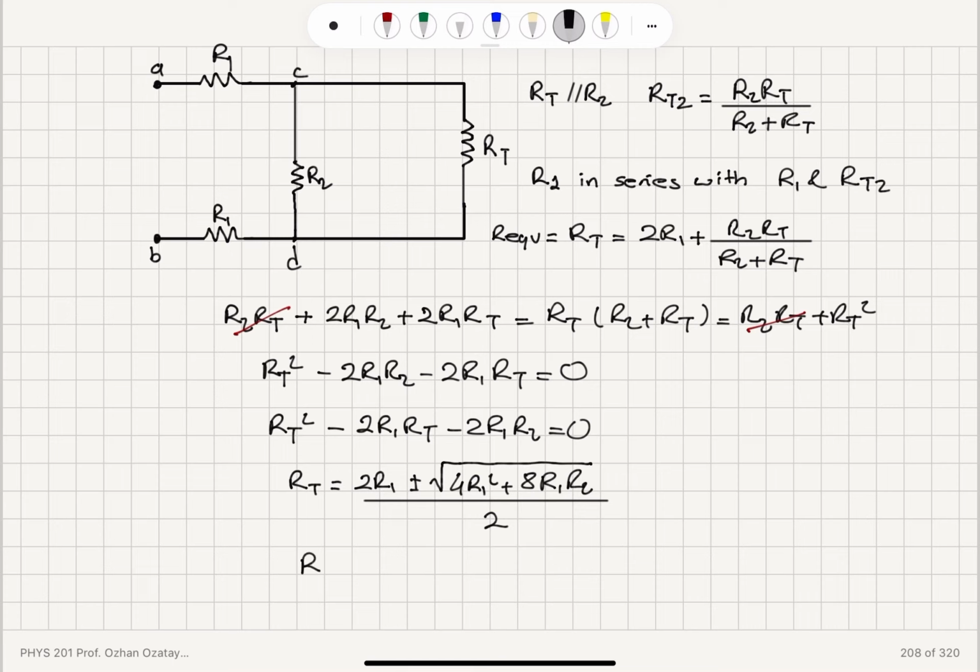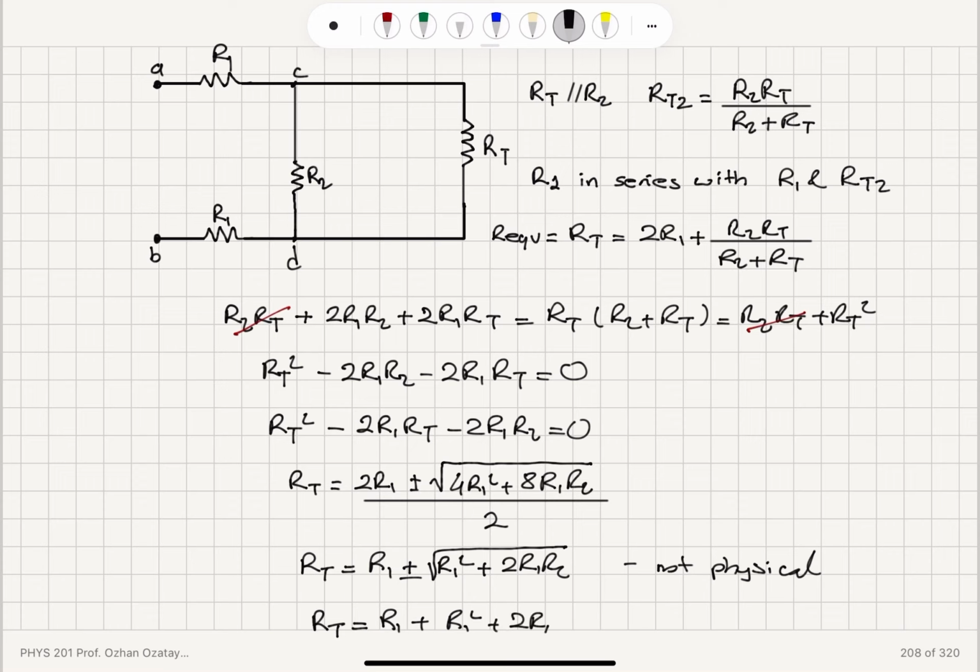So this gives me RT is equal to R1 plus or minus the square root of R1 squared plus 2R1 R2, but the minus one is not physical because it would imply negative resistance. So the correct answer is RT is equal to R1 plus the square root of R1 squared plus 2R1 R2.